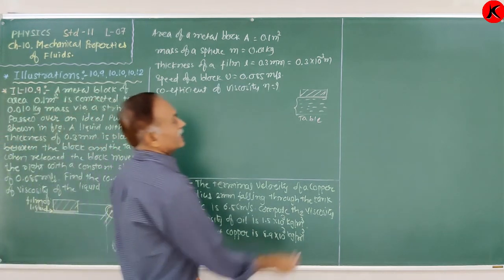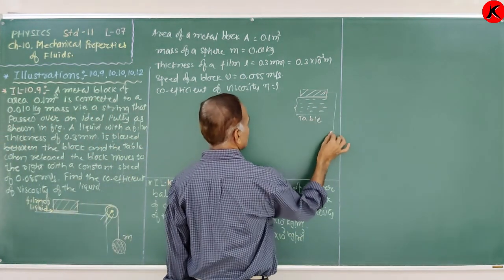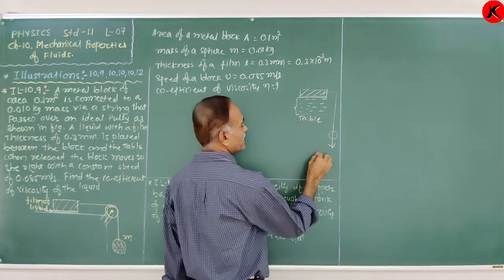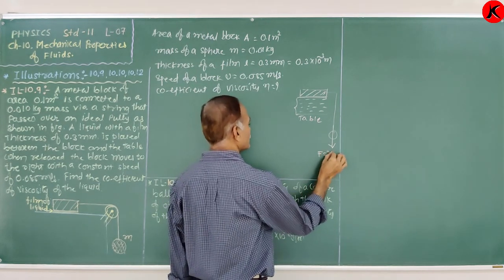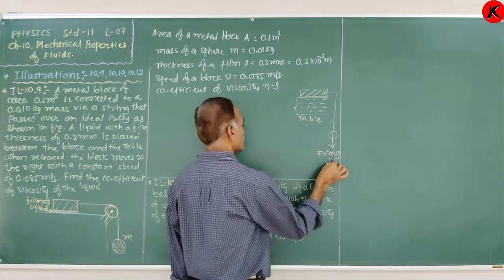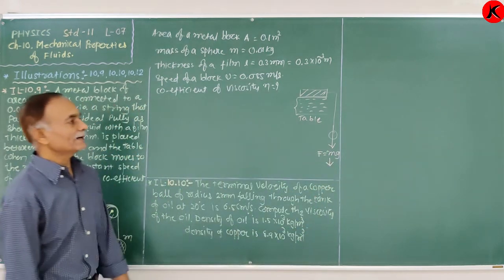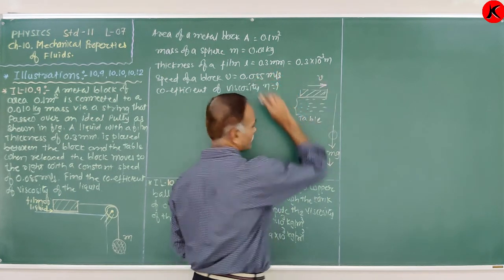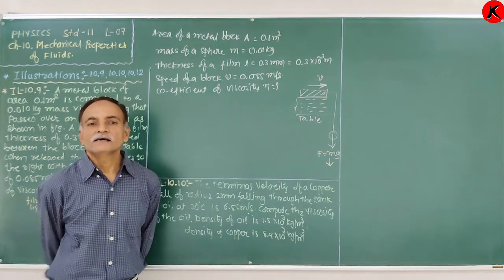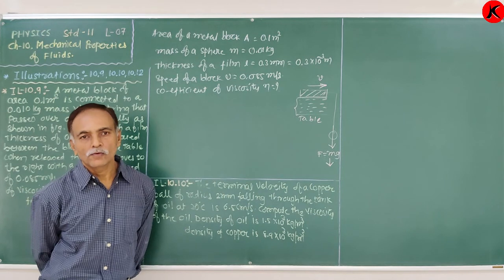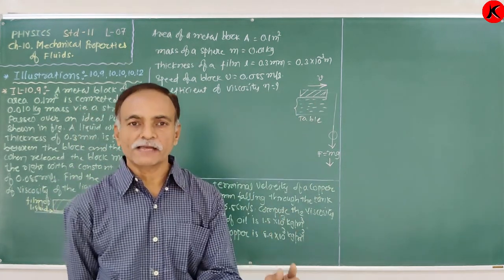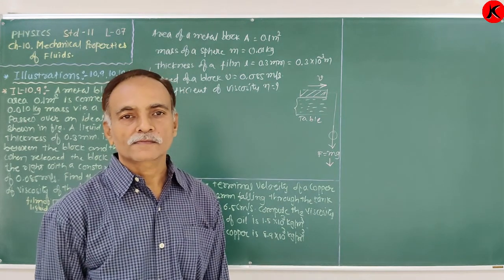Okay. Now the block is tied with a sphere. As the sphere is going down, that means the weight force F is equal to mg, in the vertically downward direction. Therefore, the block is moving in this direction with velocity v. Now here, laminar flow takes place in the liquid between the surface of the table and the surface of the block.